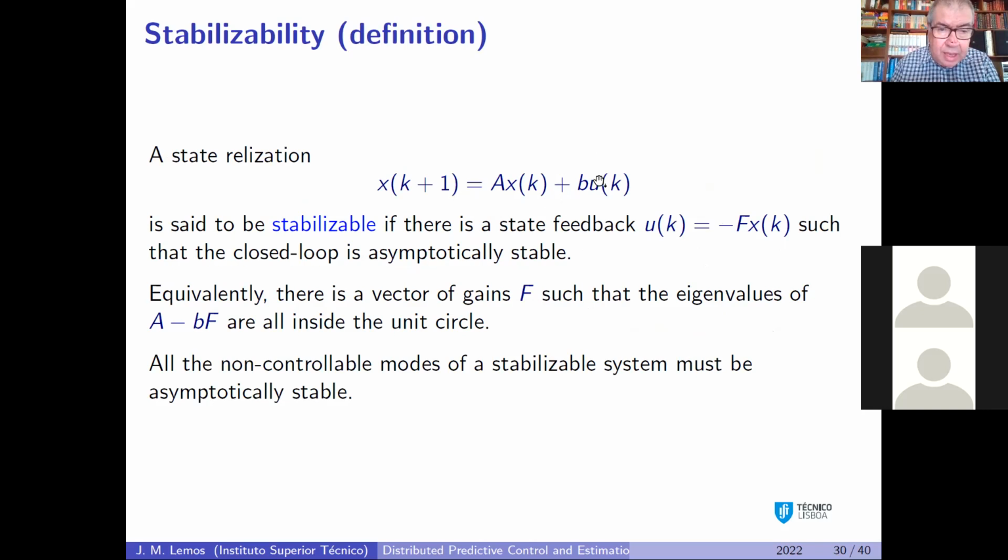When I replace U by minus F X, the equations become X(k+1) equals (A minus BF) X(k). And the eigenvalues, that is to say, the poles of A minus BF, must be inside the unit circle. So if I can find an F such that A minus BF has all the eigenvalues inside the unit circle, the system is stabilizable.